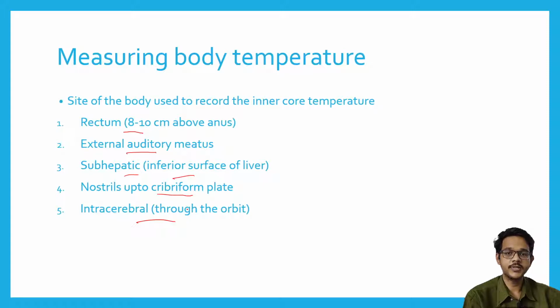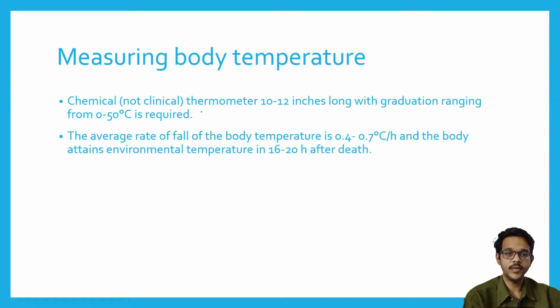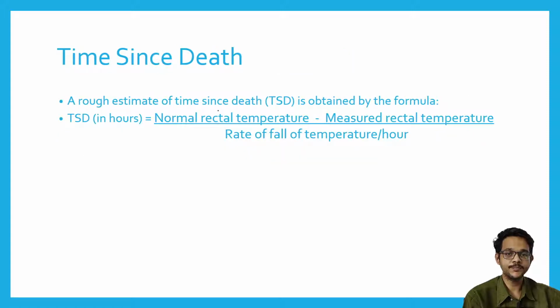A long chemical thermometer, 10 to 12 inches long, with graduation ranging from 0 to 50 degrees, is required. The average rate of fall of body temperature is about 0.4 to 0.7 degrees centigrade per hour, and the body attains environmental temperature 16 to 20 hours after death, after which bacterial decomposition starts and it remains slightly above the environmental temperature.